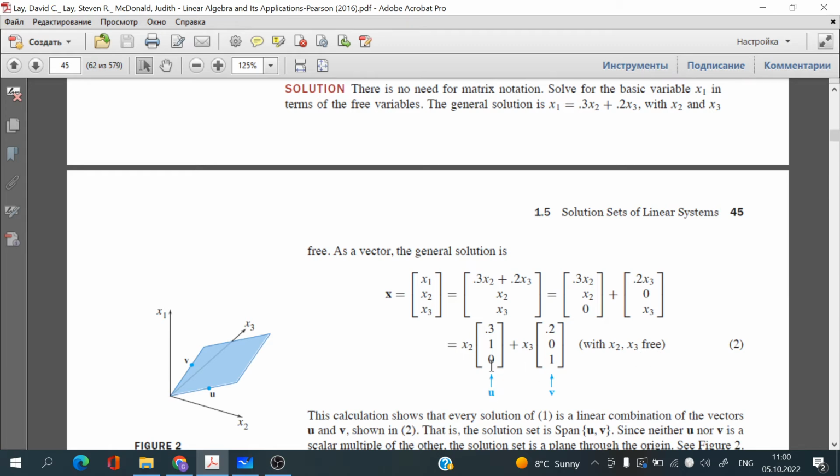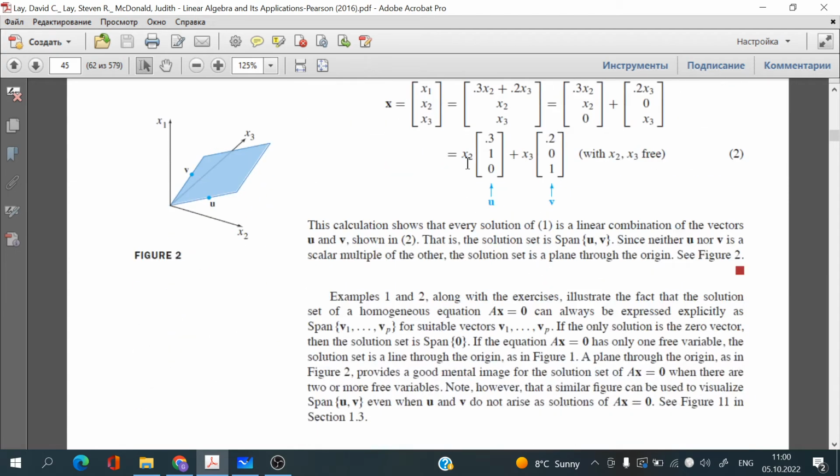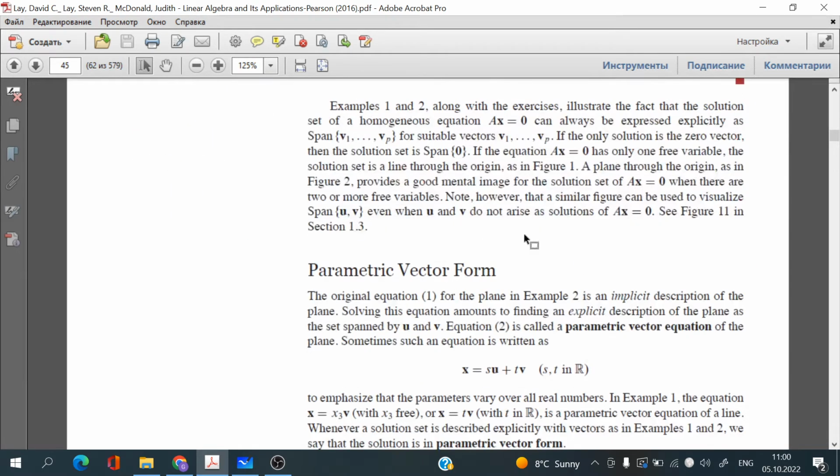Let's denote the first vector as u and the second vector as v. So you can write x = x2 u + x3 v.